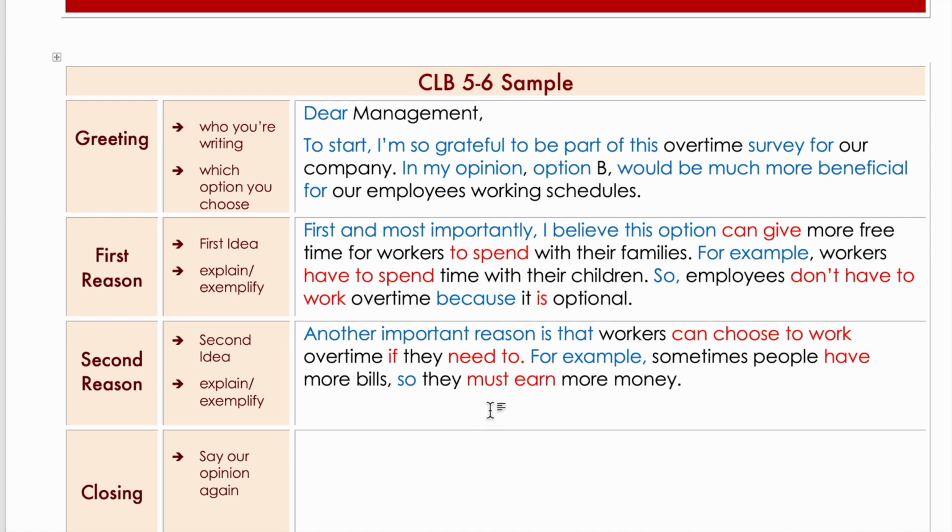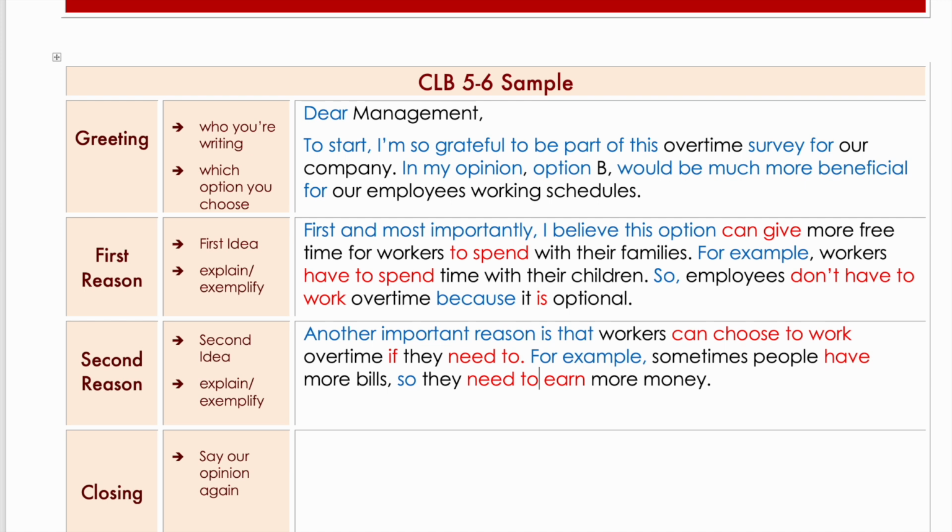So they must earn. Okay, so here I put must earn. First, earn means make, for make money. You can put must make, you can put that, or must earn. Also, must, it's another modal that we were studying. So, must, but we can also put here need to. We can put need to. So, they need to earn more money. Same meaning.